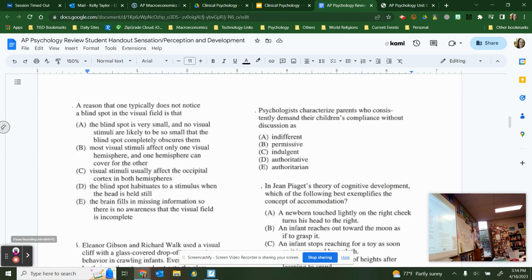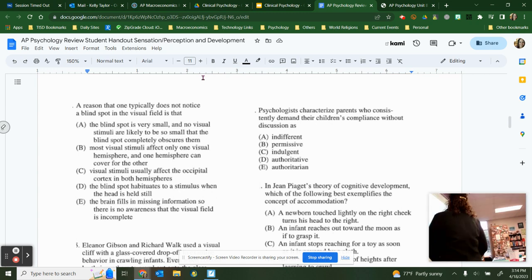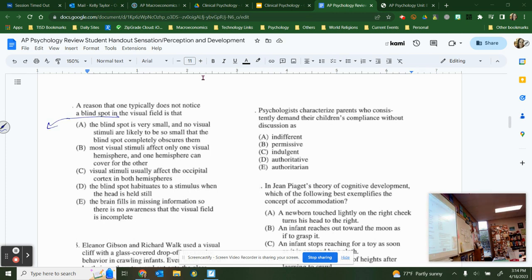Just gonna pause this video. All right, so the reason that one does not typically notice the blind spot in the visual field is that, first off, why do we have a blind spot? Because of the optic nerve.